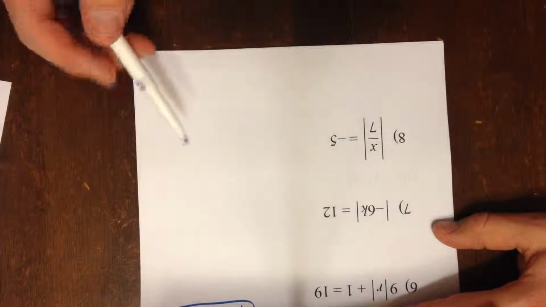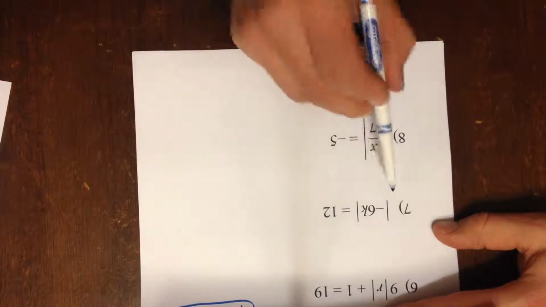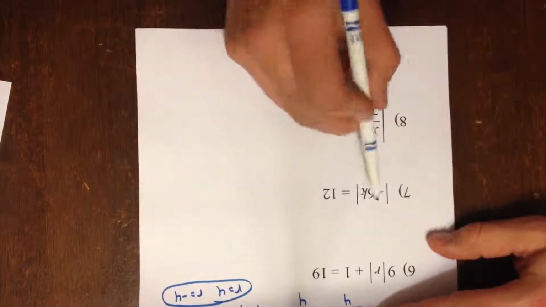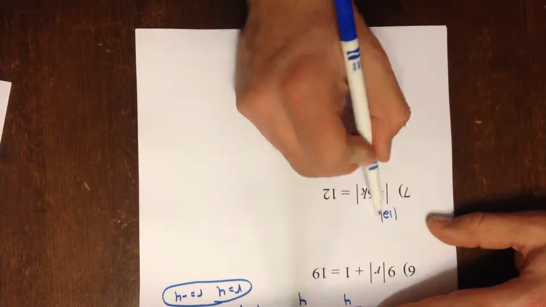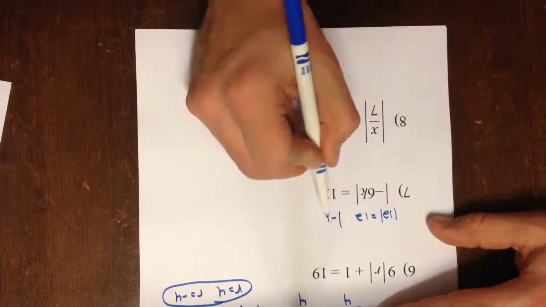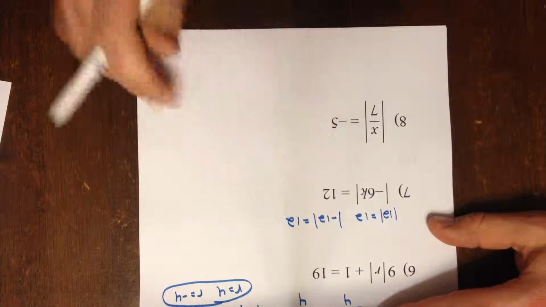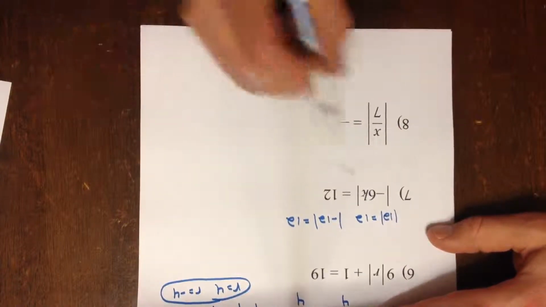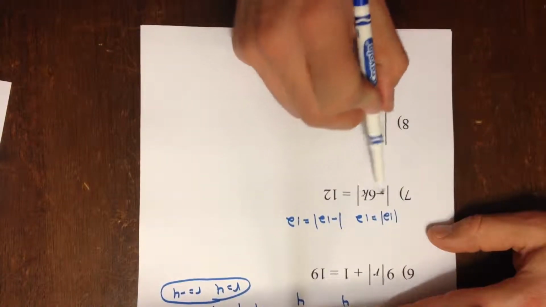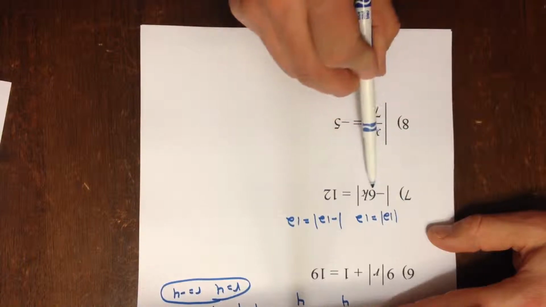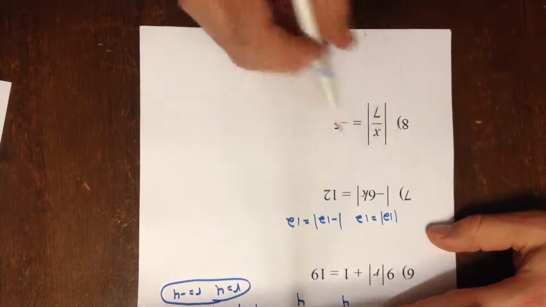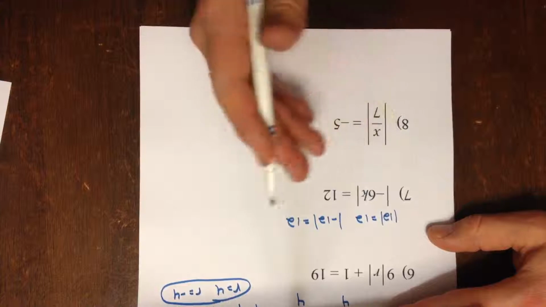So think about what two numbers work in here. The absolute value of 12 is 12, and the absolute value of -12 is also 12. So I really know the two numbers that have to be in here. It's 12 and -12. But how do I make the inside here 12?